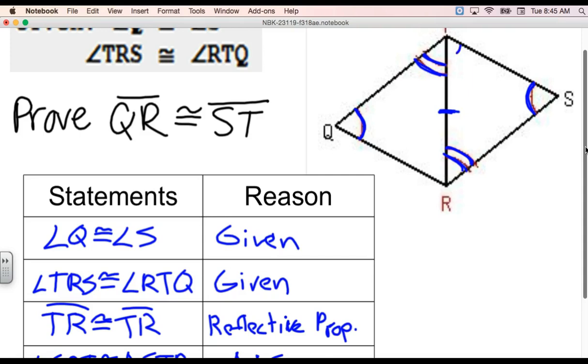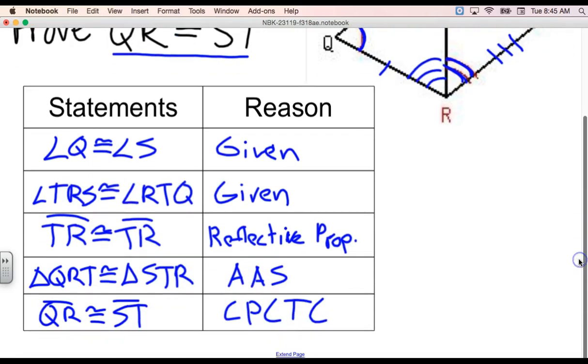So this angle up here has to be the same as this angle down here. And then QR has to be the same as TS. And SR has to be the same as QT. All right, so then we can say that yes, QR is congruent to ST because of corresponding parts of congruent triangles are congruent. All right, our proof step.